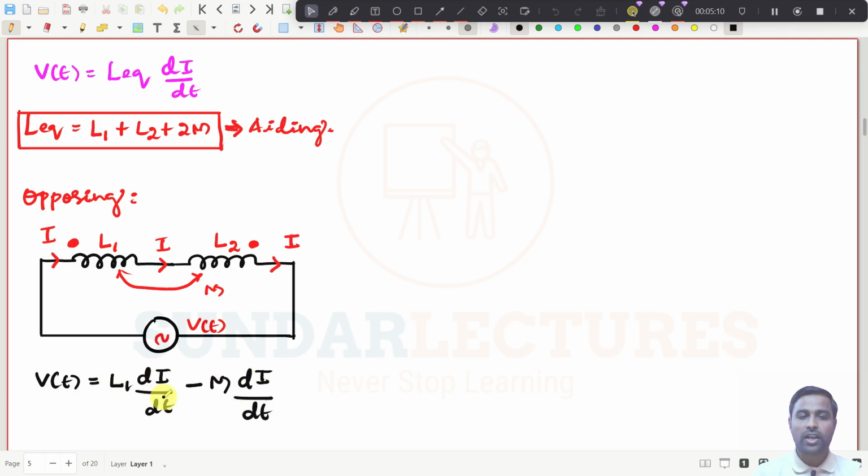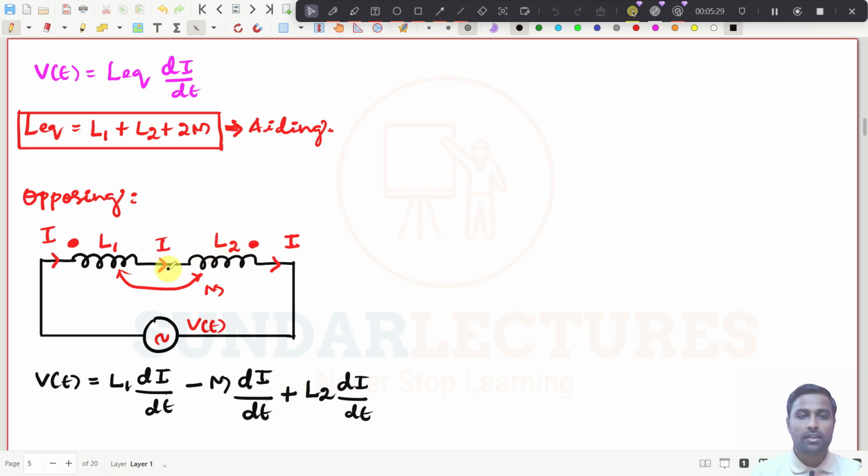So I have written for coil number 1, now I go straight away to coil number 2. For coil number 2, don't look at anything, put plus the self-inductance, that is L2 di by dt, simply, right? Then I have to see what is happening for mutual inductance.